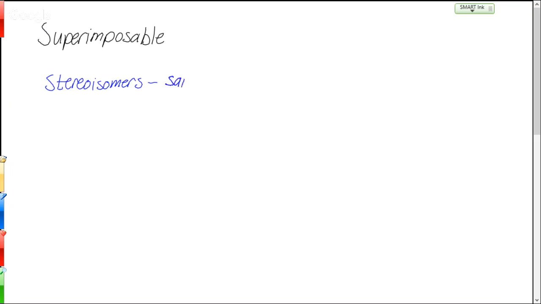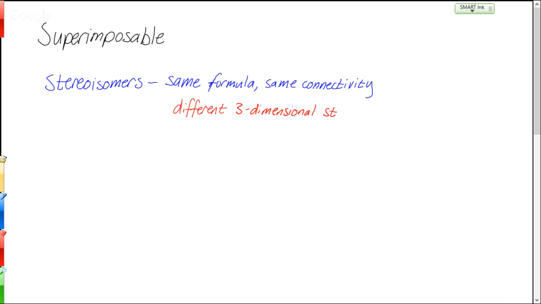Stereoisomers have the same formula and the same connectivity, meaning the atoms are all connected the same way. But a different three-dimensional structure.